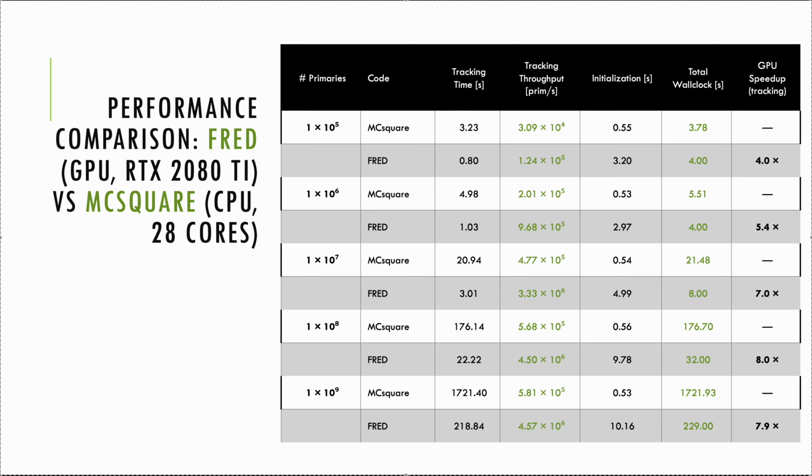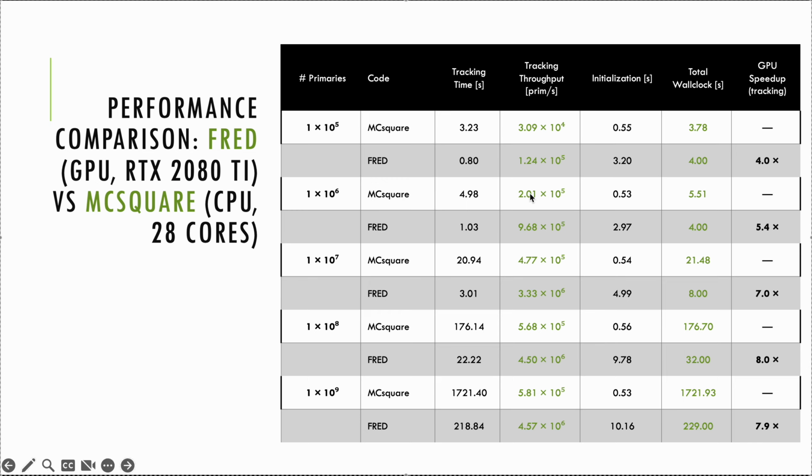I think it takes initialization time while doing those. However, for pure simulation, it's way faster than MCsquare. And you notice MCsquare takes almost the same amount of time for initialization. I got this information from the log output of both simulations.